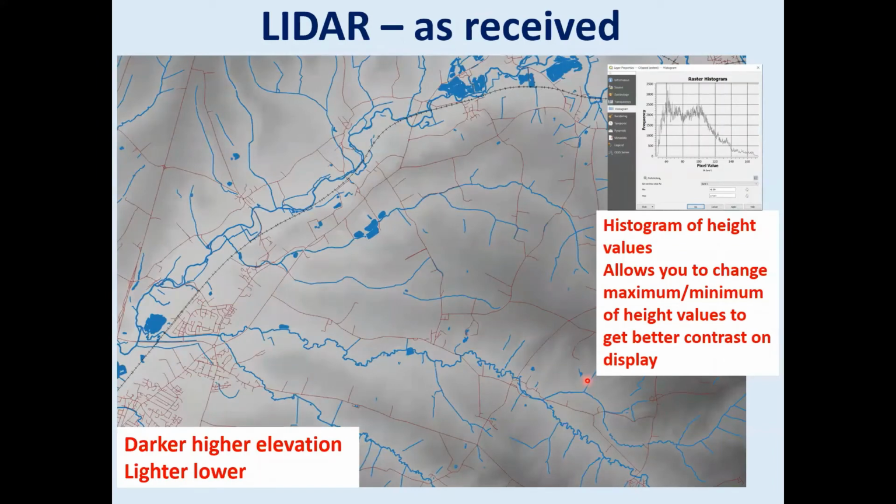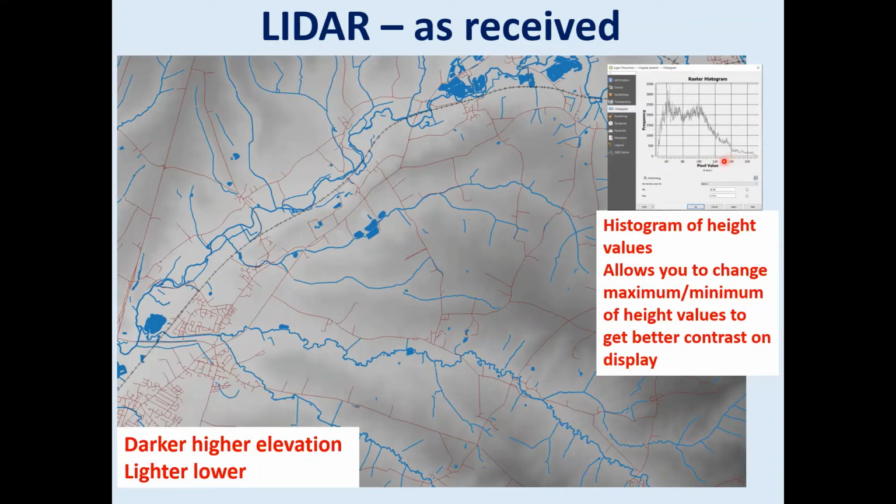Okay, so this now has the LiDAR data as you download it from the Environment Agency or the Government Gateway for Environment Agency. The darker areas are the higher elevation, the lighter areas are the lower elevation. If you look at the properties for this, you can get what's called a histogram, which gives you the number of points that are for any particular height value.